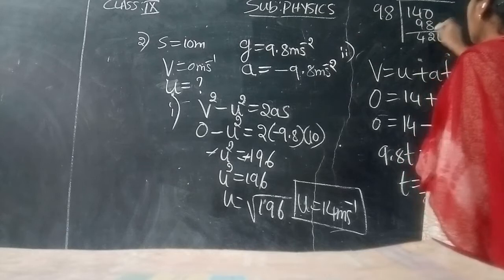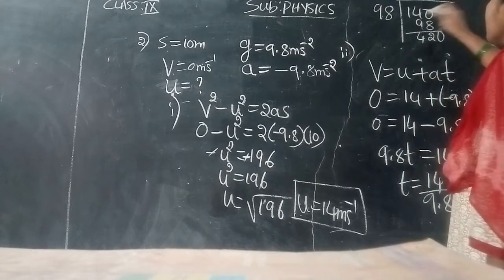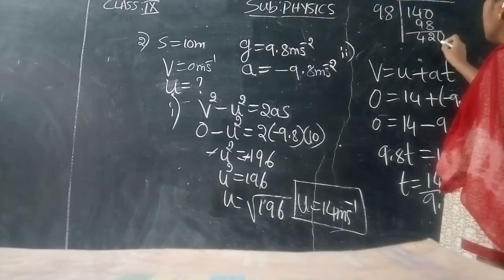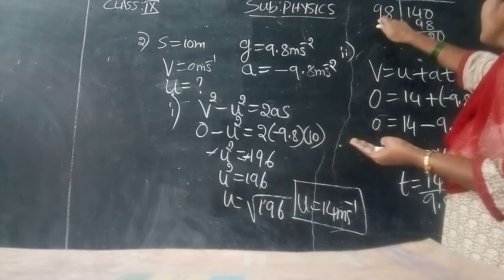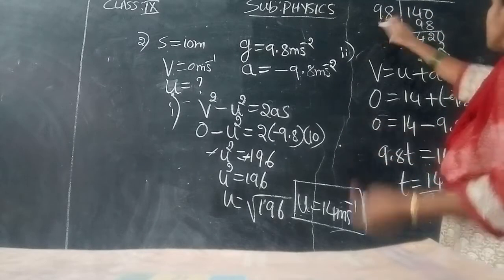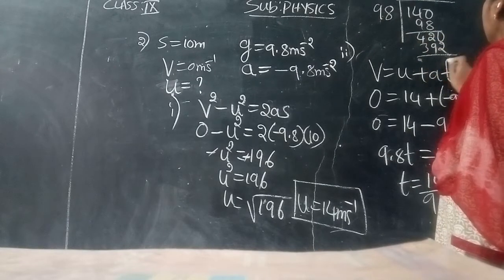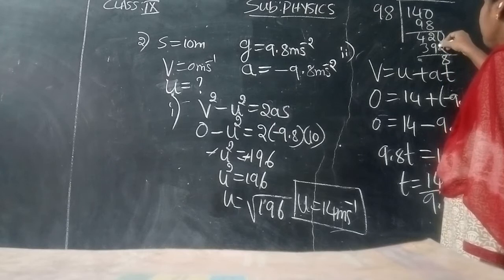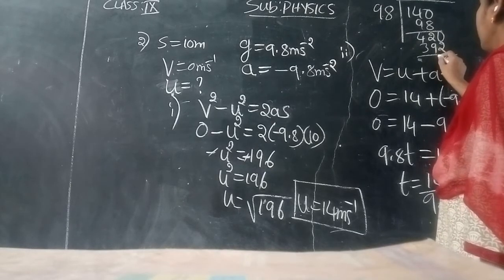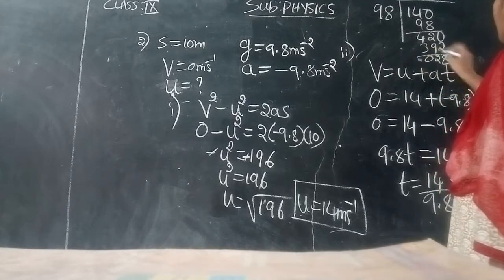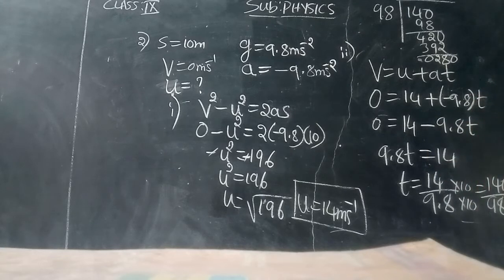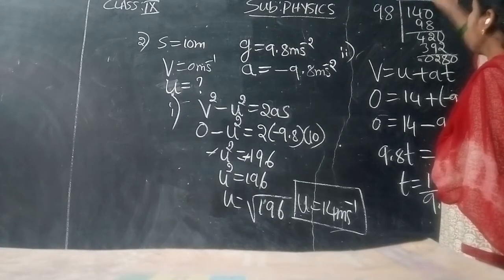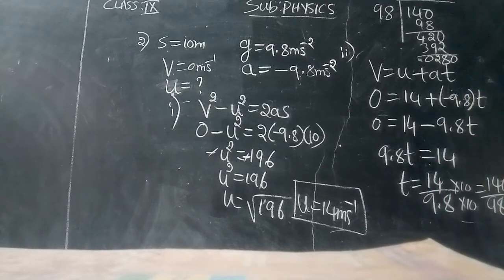Then bring down 0. 98 times 4 is 392. Then subtract, we get 28, and bring down a zero again. Like that, around 1.43 you will get the answer.